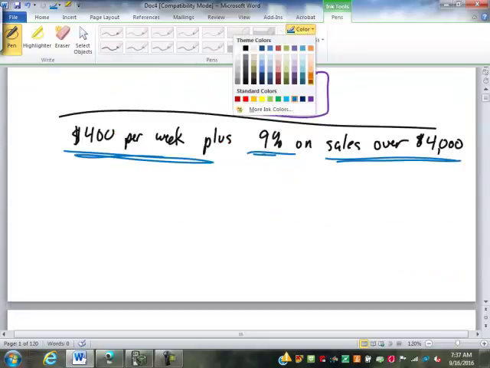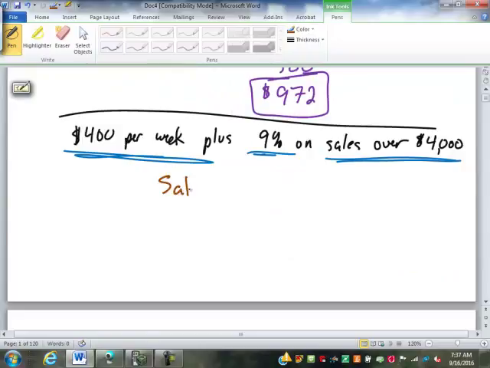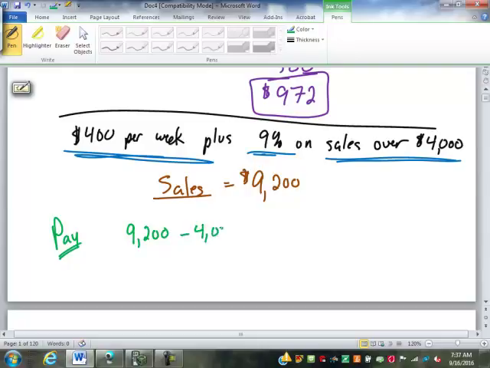So let's say you have a week where your sales are $9,200. Your pay for the week. Well, how do we calculate your commission here? Careful. We don't get a commission on the first 4,000. We've got to subtract that out first.